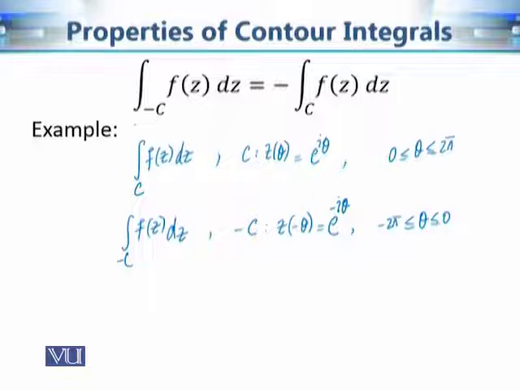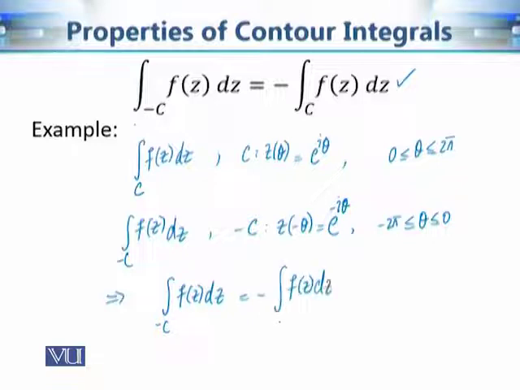So this property implies that if we evaluate the integral of f(z) dz along −C, then this is going to be equal to minus the integral of f(z) dz along C.